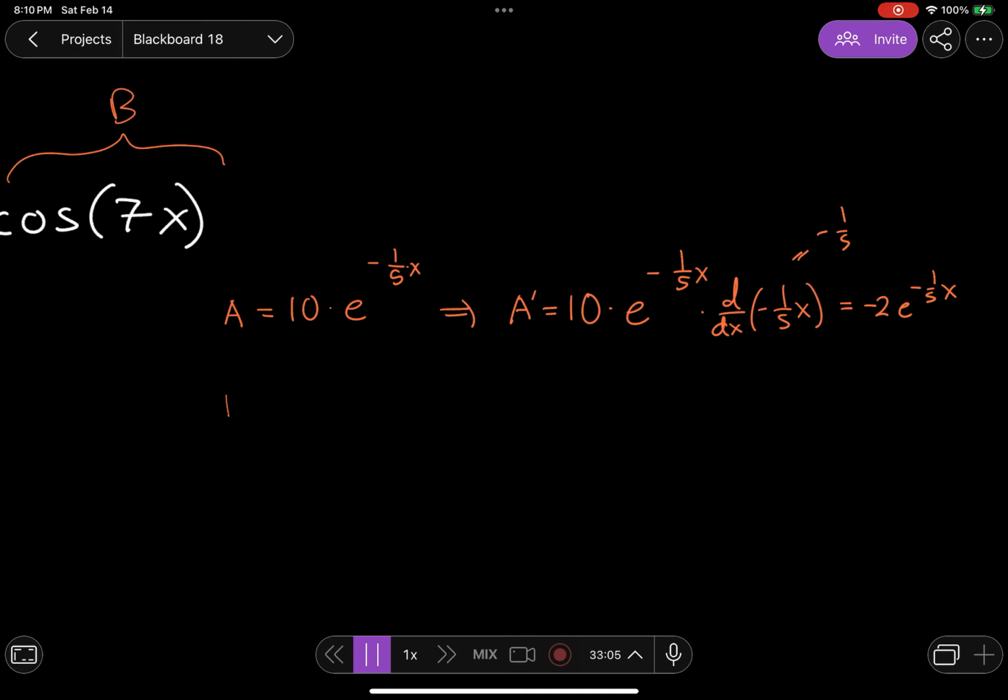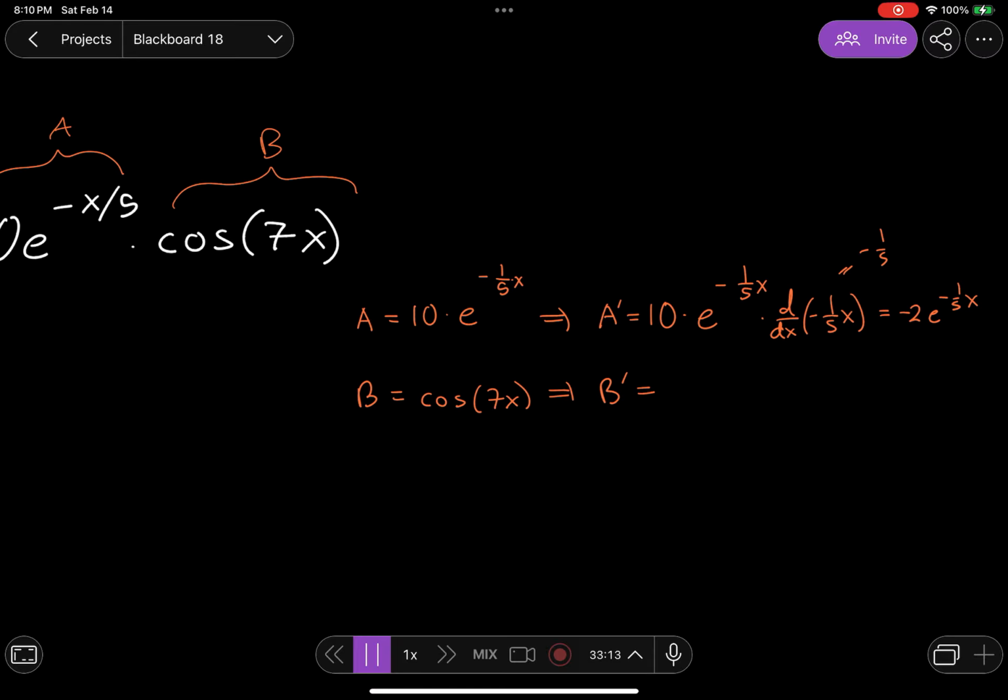And then I have b is equal to the cosine of 7x. I have an outside function, and that's the cosine of something. The derivative of the cosine of something is negative sine of that thing times the derivative of 7x, but that's just 7. So, of course, that can be rewritten as negative 7 sine of 7x.